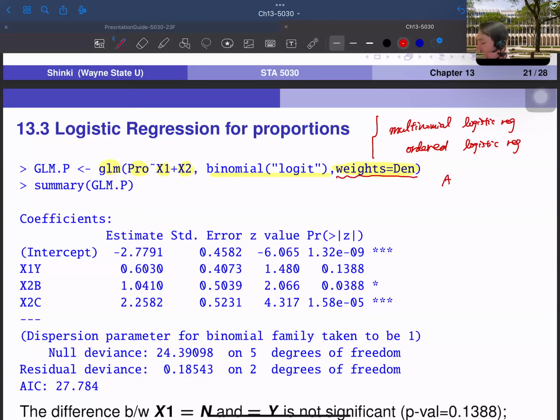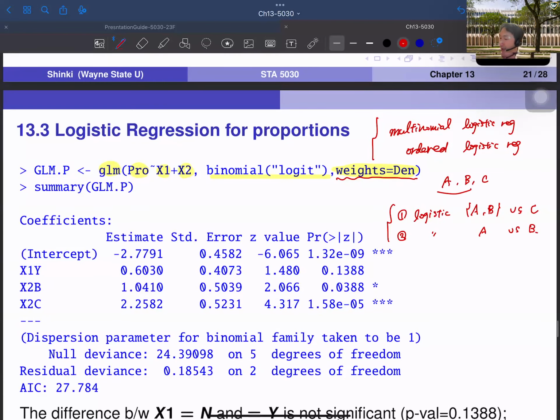Suppose that we only have 3 levels, A, B, C. Suppose that A, B are closer, then you can do logistic regression for A, B versus C, then a second logistic regression for A versus B. That is a possible way, but we don't discuss other methods.